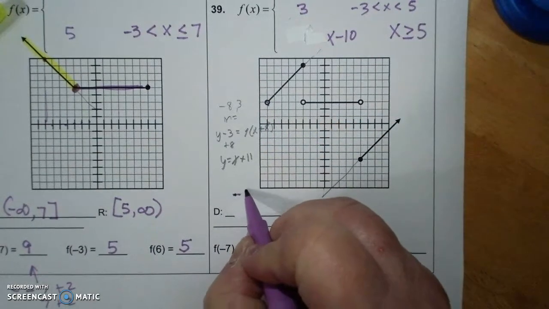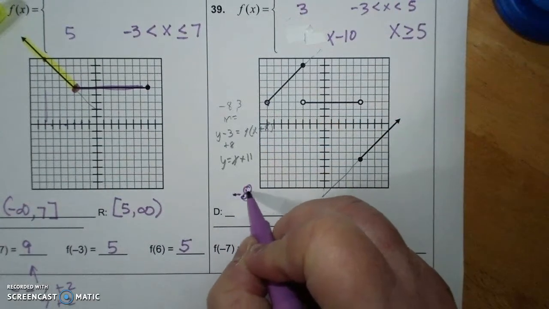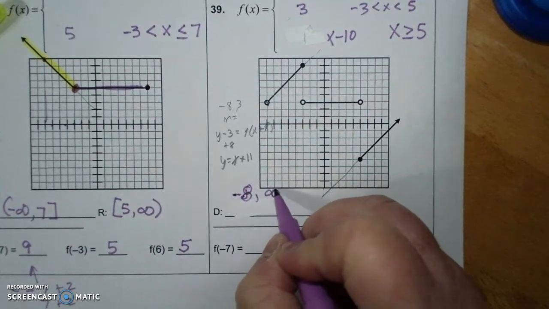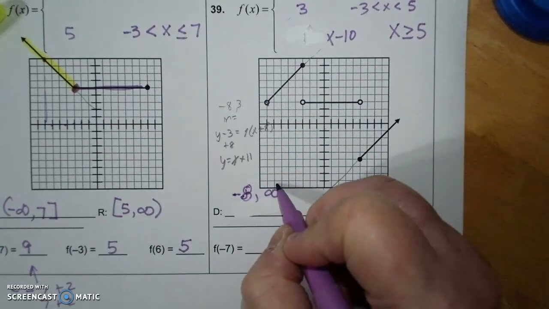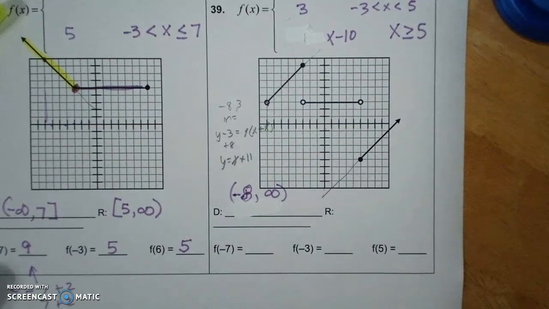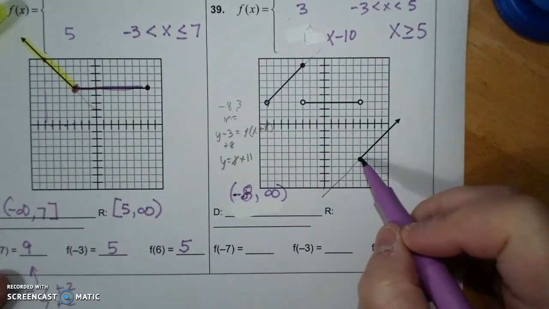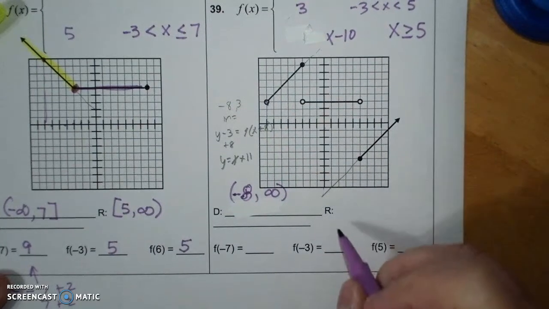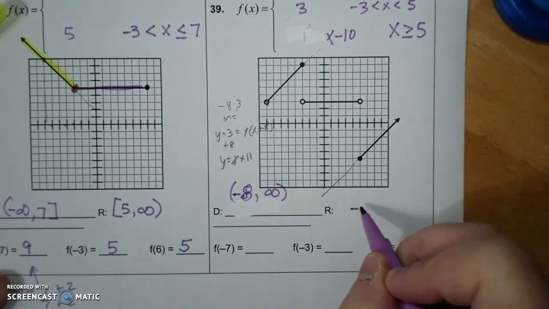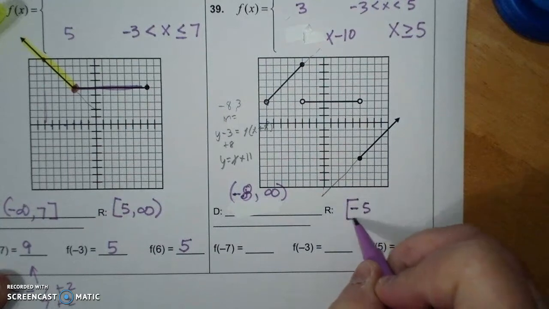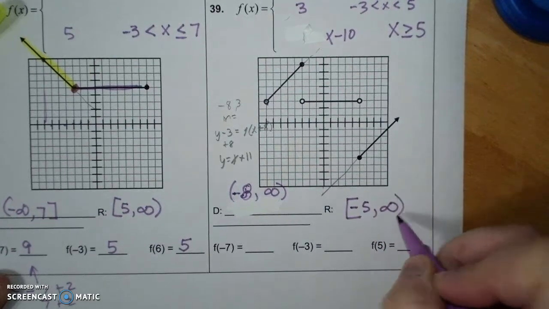So it's negative 8 to positive infinity because of the arrowhead. Now the range goes here all the way up. So it is negative 5 with a bracket to positive infinity.